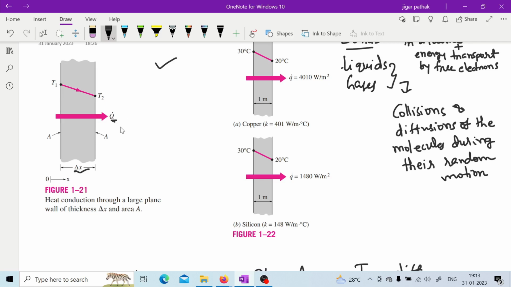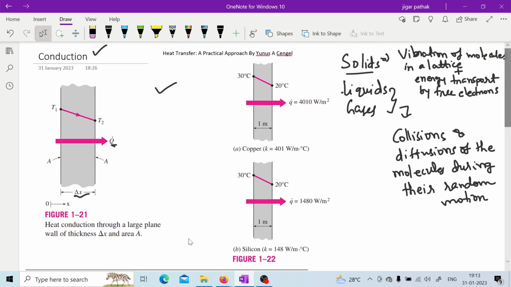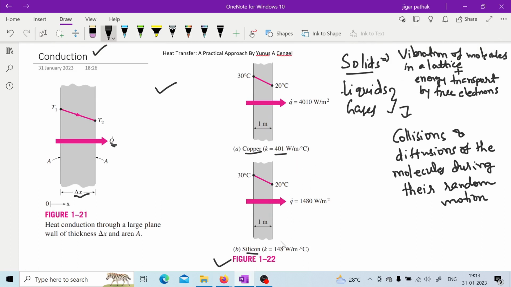Actually K is very important. If you see the effect of K in this figure, copper and silicon have different thermal conductivities, 401 and 148 watt per meter degree centigrade.